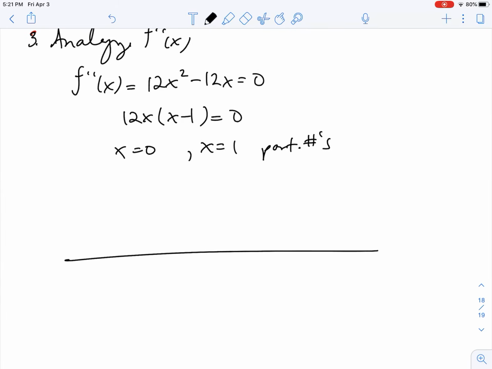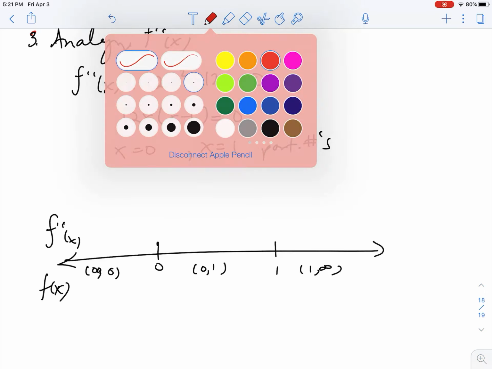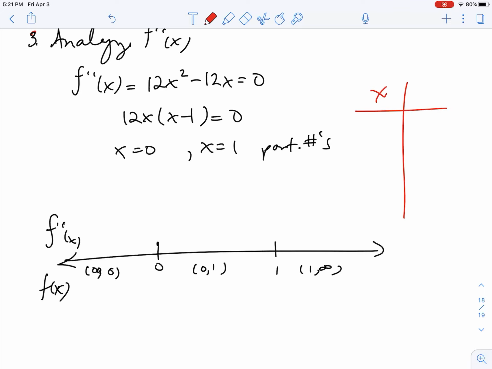We're going to do the second derivative test, 0, 1. But this time we're looking at the second derivative to see our concavity. So we have from negative infinity to 0, 0 to 1, 1 to infinity. This time I'm going to plug my values into my second derivative. So I might use -1, 1/2, and 2.